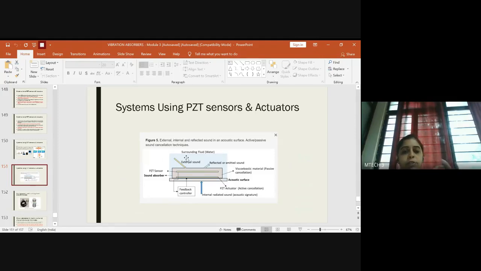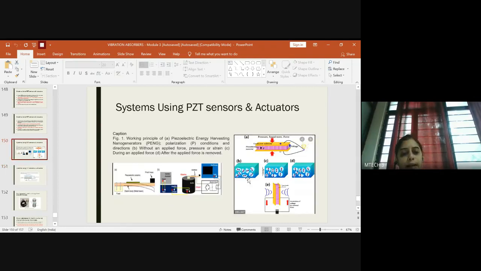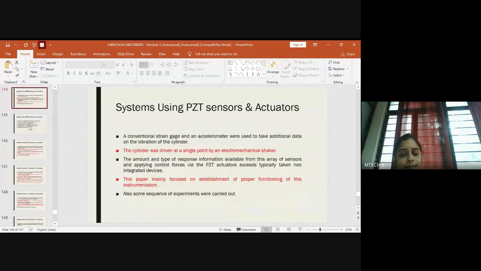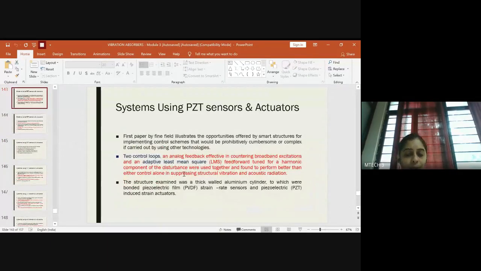So I just showed you the acoustic applications, and these are the other types of PZT sensors and actuators. But what are the basic things needed to perform for this type of devices? That you have to know, right? I told you that in every smart structure you can have control loops, which could be a closed loop or an open loop.